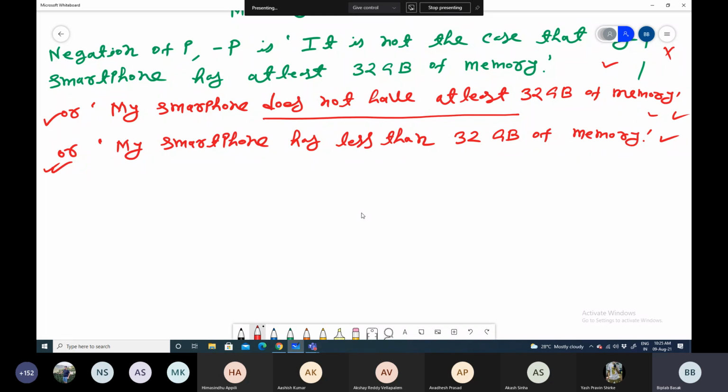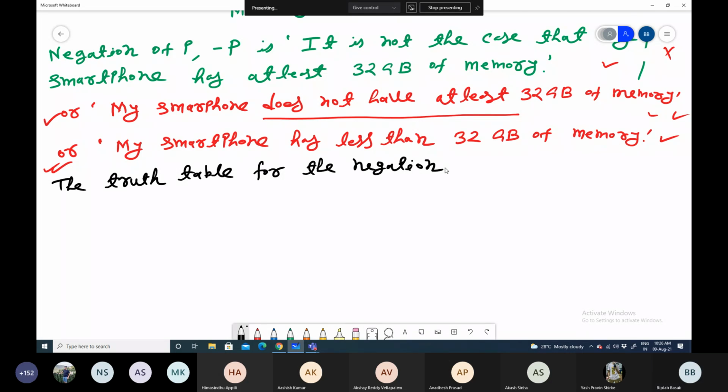For example, the truth table for the negation of a proposition P is, we write it this way.